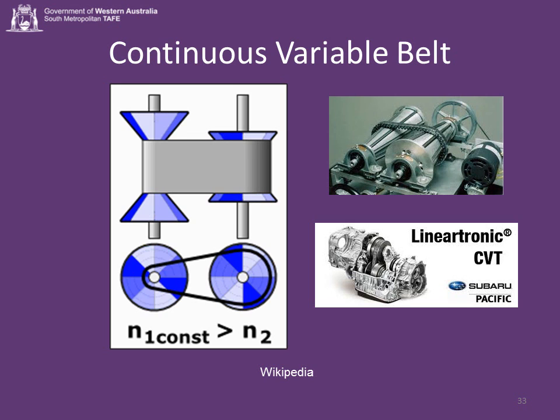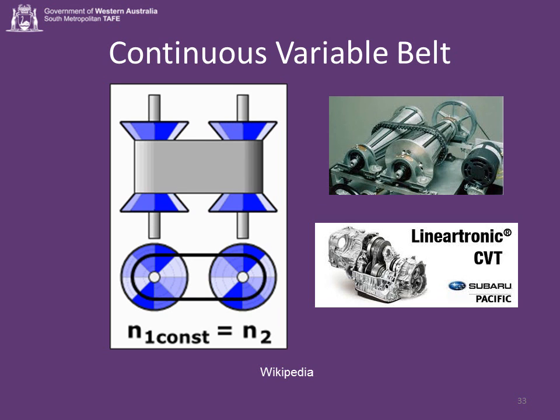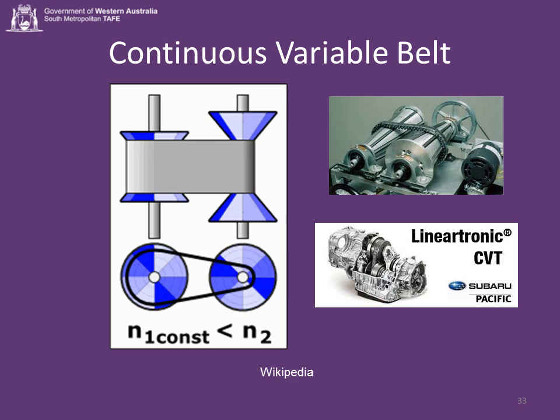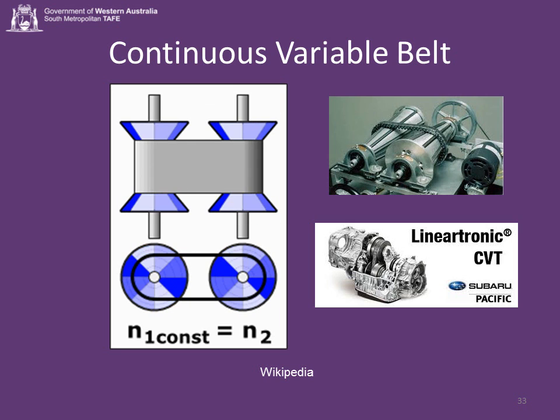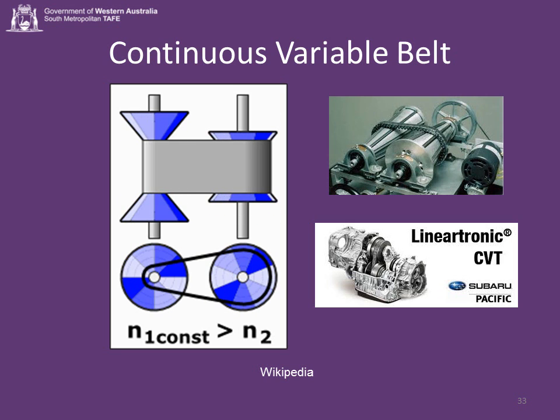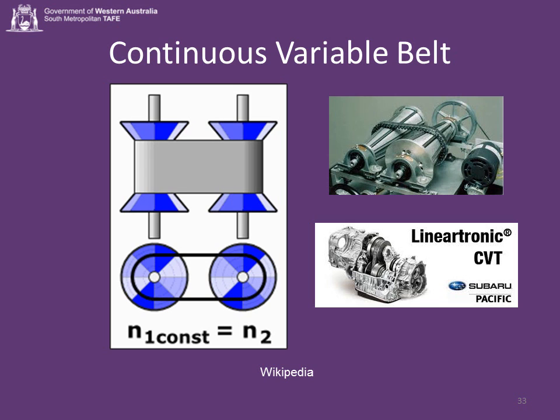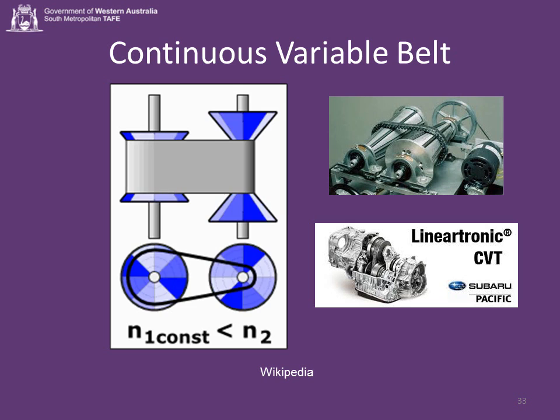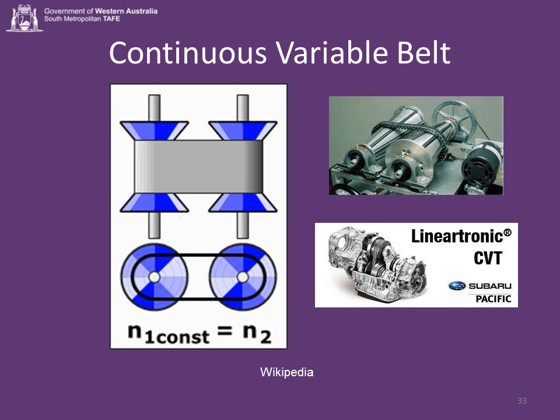A belt-driven design offers approximately 88% efficiency, which, while lower than that of a mechanical manual transmission, can be offset by lower production costs and by enabling the engine to run at its most efficient speed for a range of output speeds.